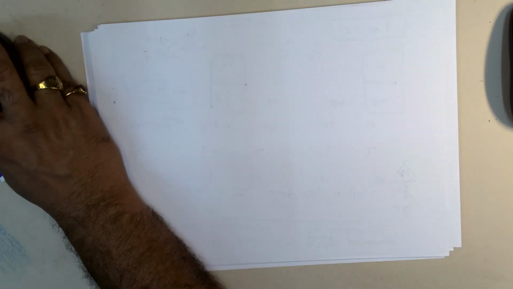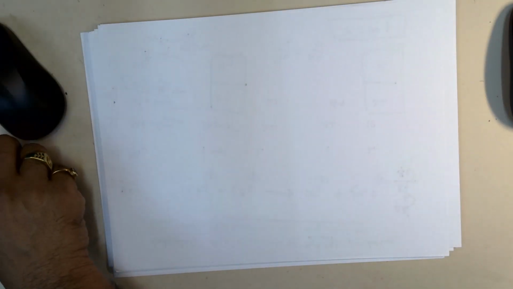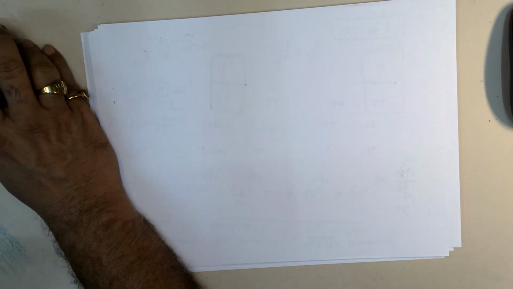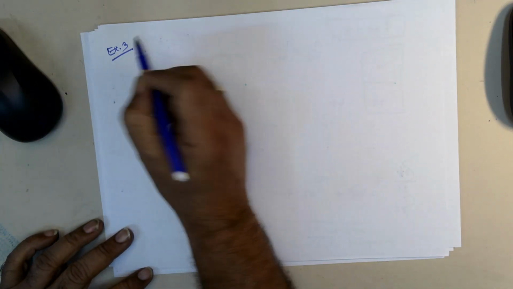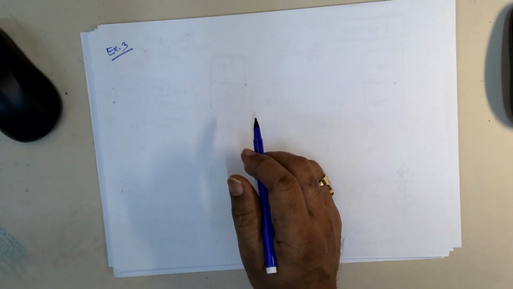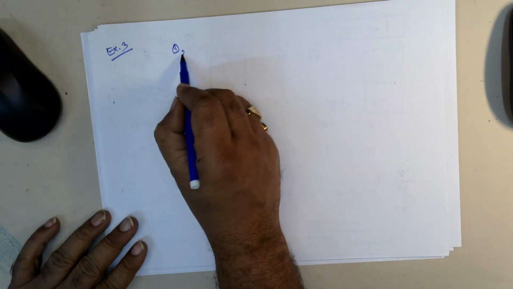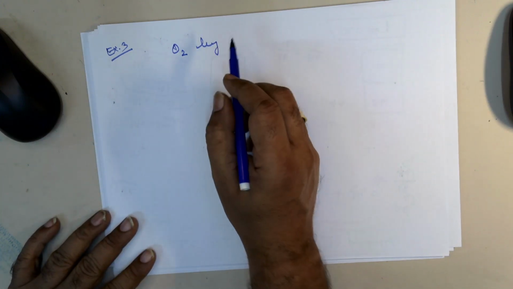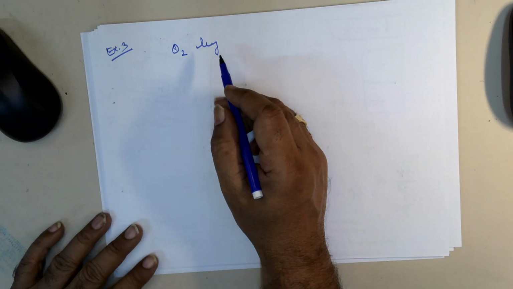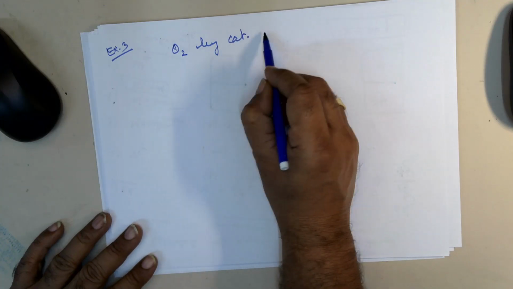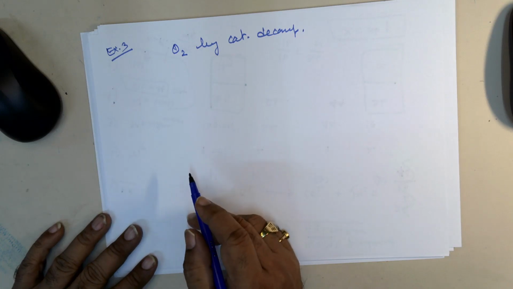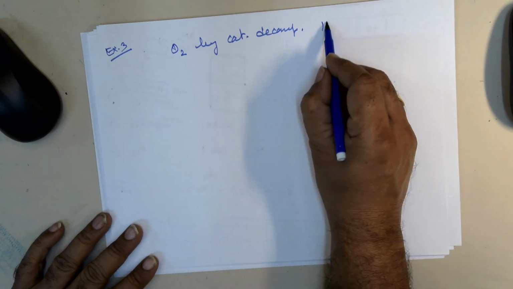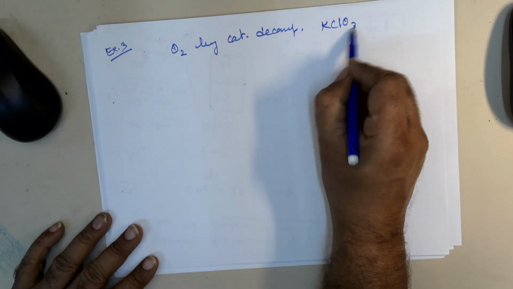Yes. Now calculation involving mass and mole, that is mole or mass. Take down another sum. Next example. Oxygen is prepared by catalytic decomposition of potassium chlorate, KClO3.